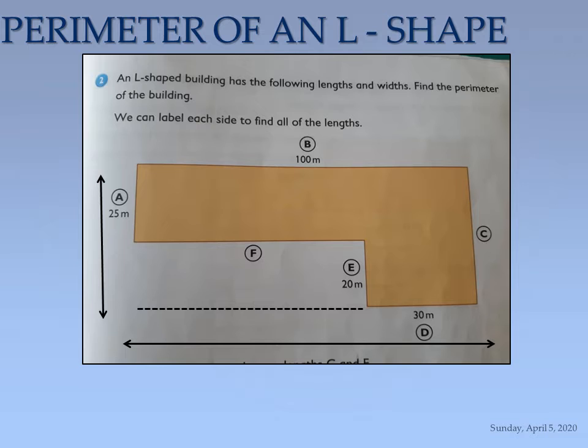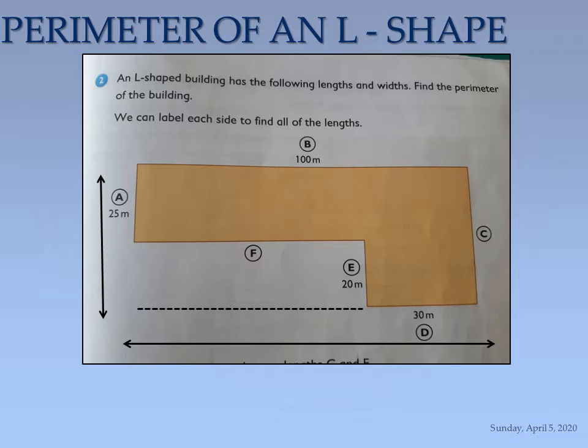Can you see that? 30 meters, side D. Now, if we take the total length of side D down to the end of the dotted lines at the extreme, do you know that that is 100? Yes, because it is opposite with side B.